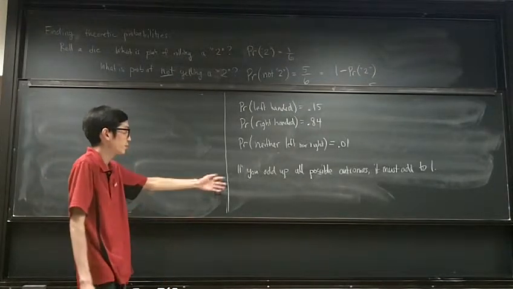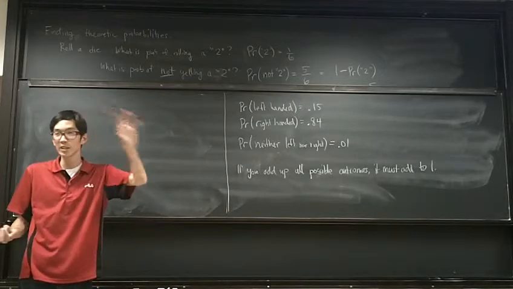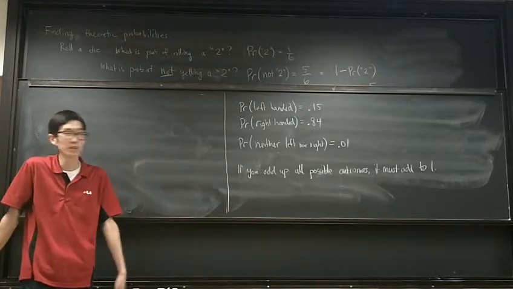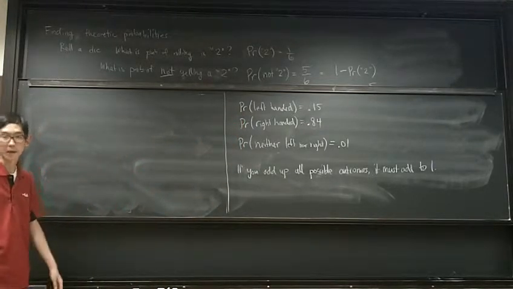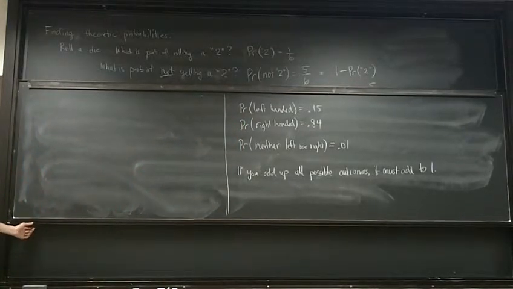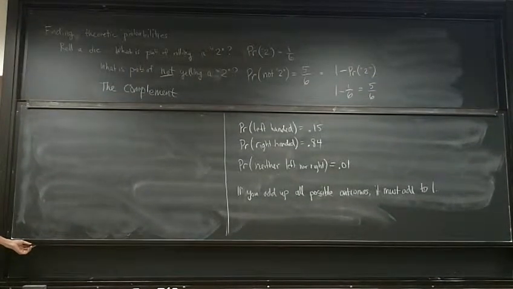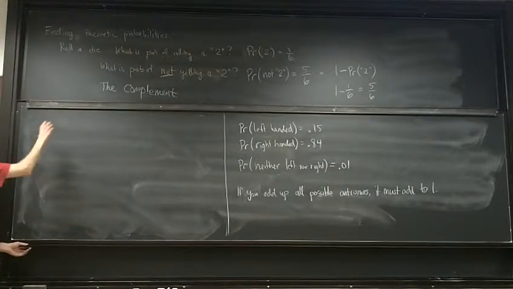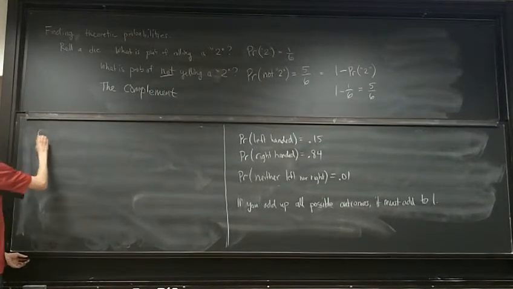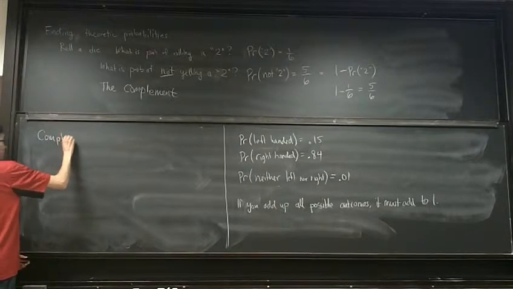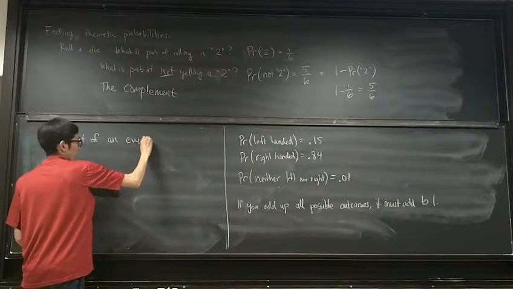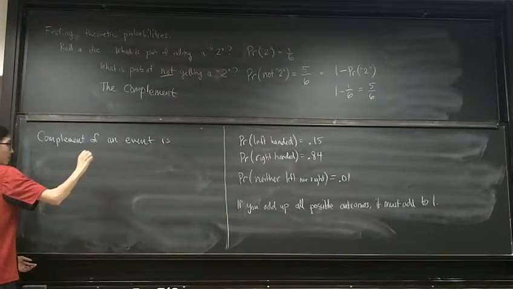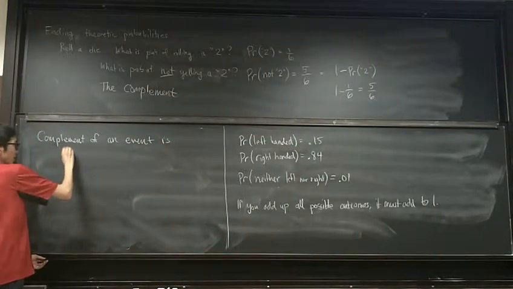The summary of the complement is that one thing and its complement must add to 1. These aren't technically complements here. The definition is that the complement is the event that something doesn't happen. The complement of an event is when the event does not happen.